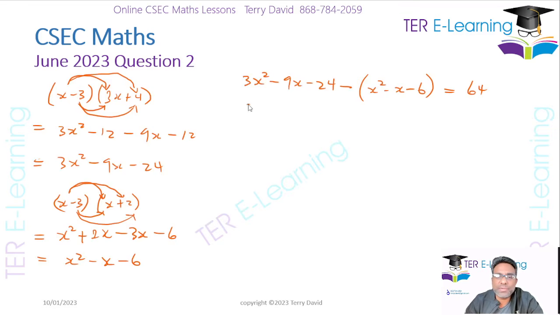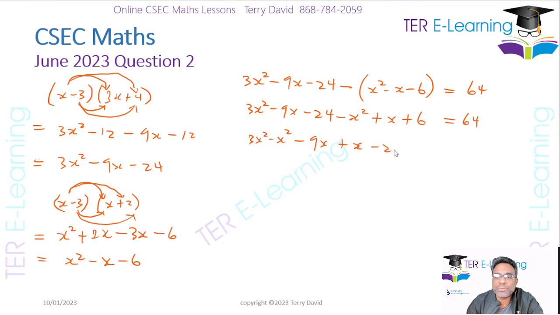Okay, so this is going to be 3x squared minus 9x minus 24 minus x squared plus x plus 6 is equal to 64. Let's carry everything on one side. So 3x squared minus x squared. Then we have minus 9x plus x.